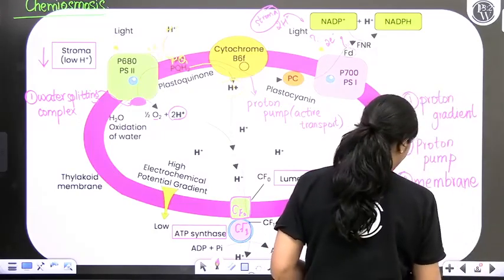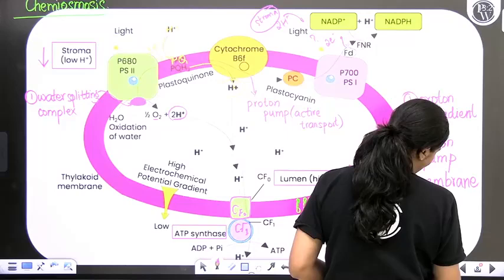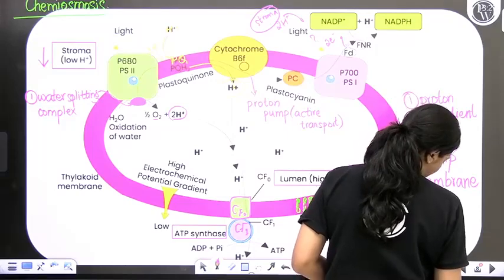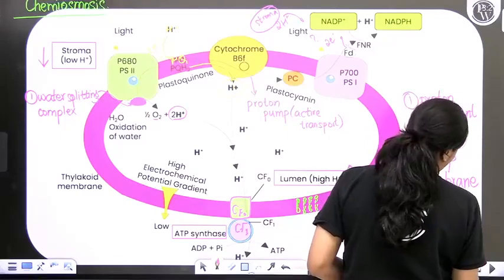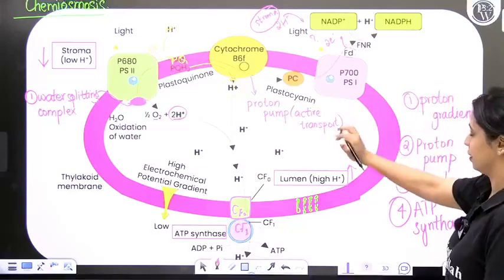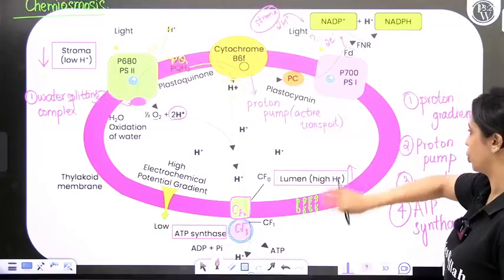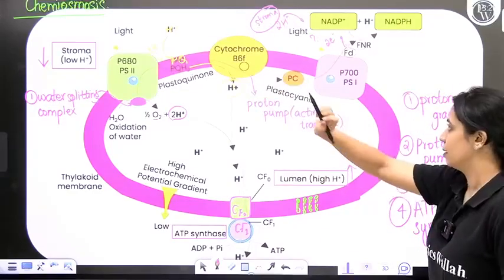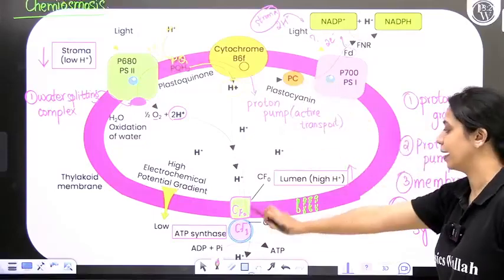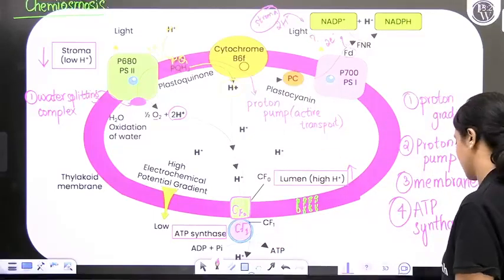And there should be the enzyme ATP synthase. All of which are present here. There is a proton pump, a proton gradient is existing, the membrane is there, ATP synthase is there. So ATP synthesis is happening.